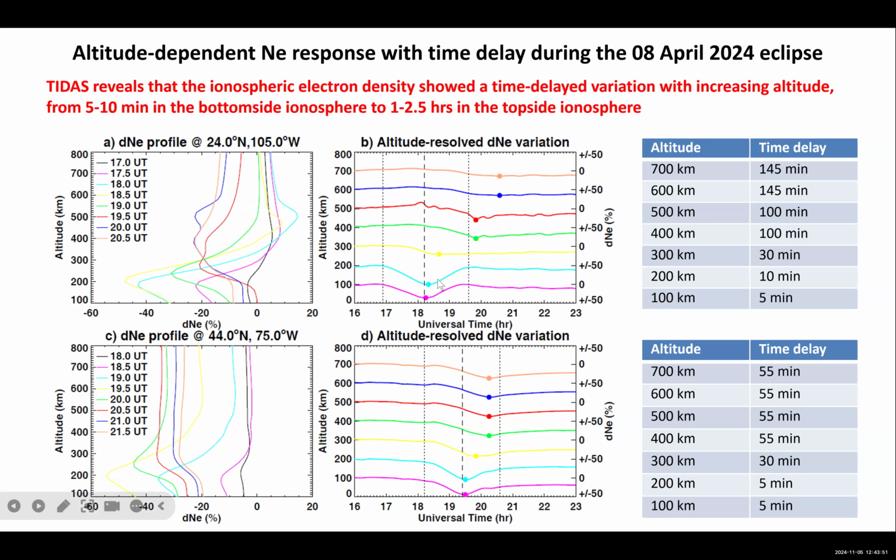We can see in the bottom side, in the E and F1 region, the time delay is very small. It's only 5 to 10 minutes. So it's a very immediate response in the bottom side of the ionosphere. But in the top side ionosphere, we can see the time delay gradually increase to about 1 hour to 2.5 hours. So this time-delayed variation in the ionosphere was successfully reconstructed by using TIDAS.